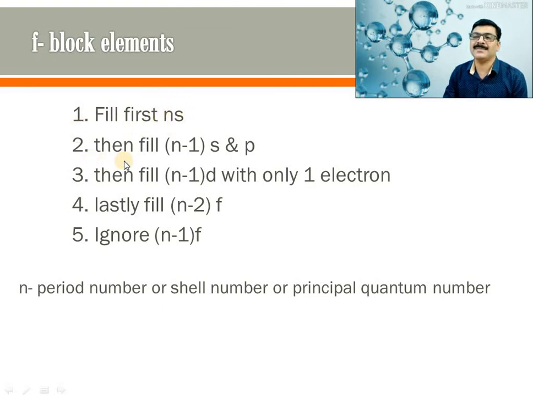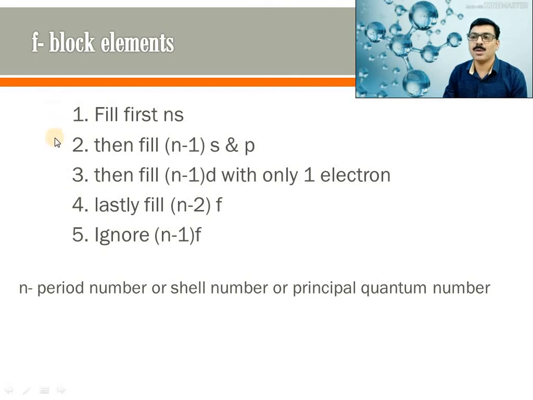Second thing is, then you have to fill up the n-1 s and n-1 p orbitals, and then fill up the n-1 d orbital with only 1 electron, means the d orbital contains only 1 electron, and lastly fill up the n-2 f orbital. And fifth thing is ignore the n-1 f orbital.